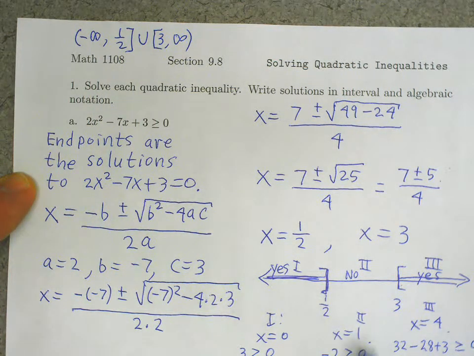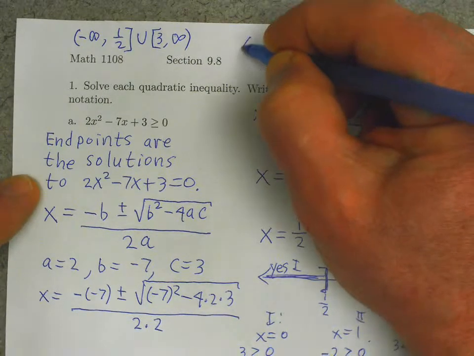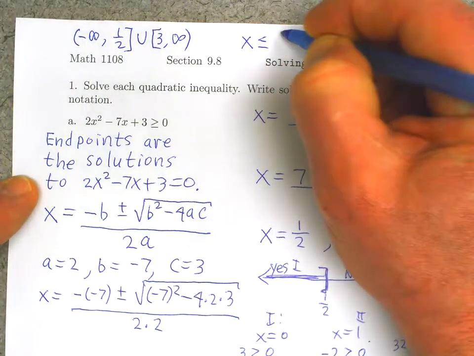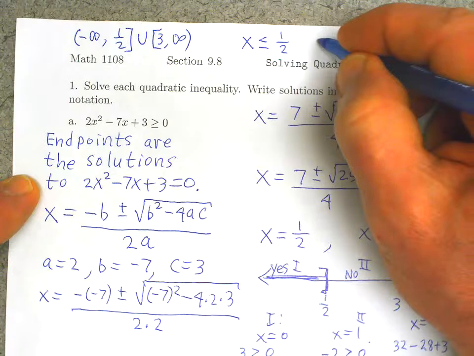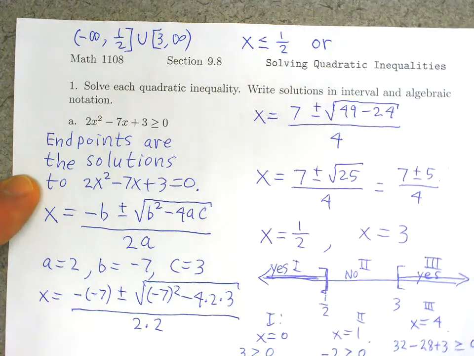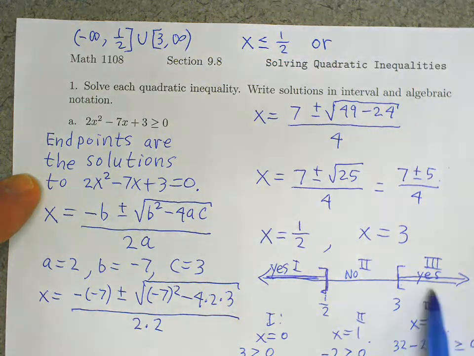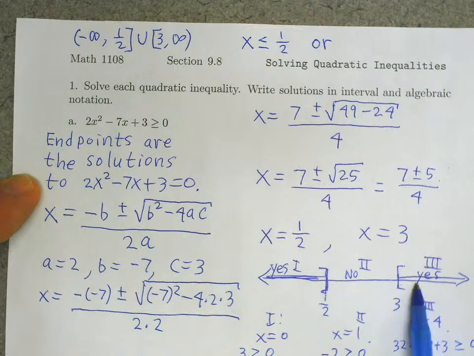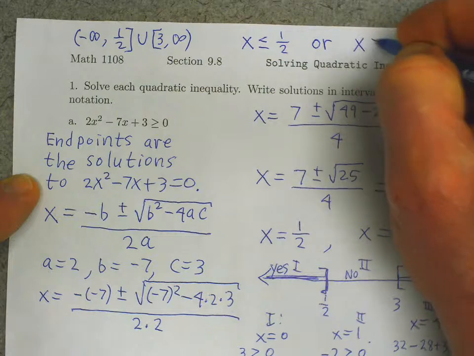And then the algebraic notation, the interval on the left from -infinity to 1/2, including 1/2, that is x less than or equal to 1/2. Then we use the word or in the algebraic notation. And this part of the number line from 3 to infinity, including 3, this is x greater than or equal to 3.